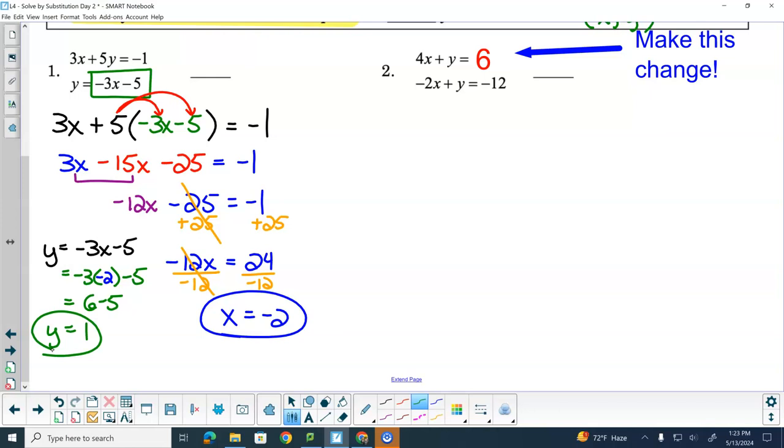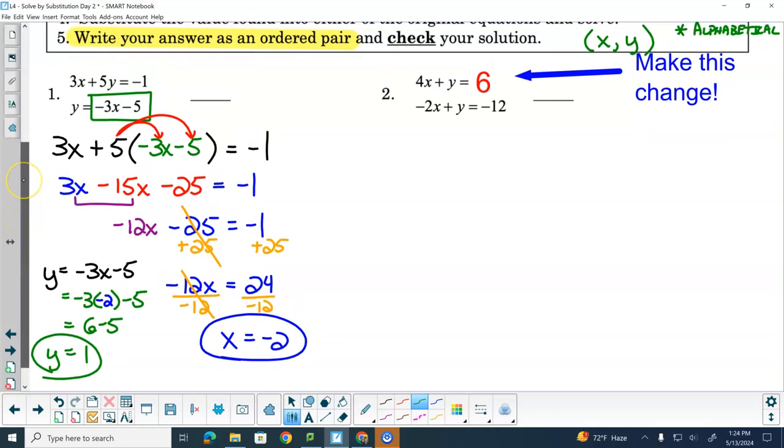Okay? How am I going to write my final answer? Remember what's alphabetical. What comes first, x or y?